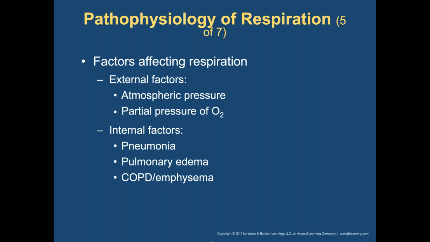Less surface area means less capillary bed being able to pick up the oxygen. So even though you're breathing fine, you aren't getting the same amount of oxygen into the bloodstream and the same amount of carbon dioxide getting out of it. So what that does is drive up your CO2 levels because you can't blow them out as fast, and your O2 levels drop.